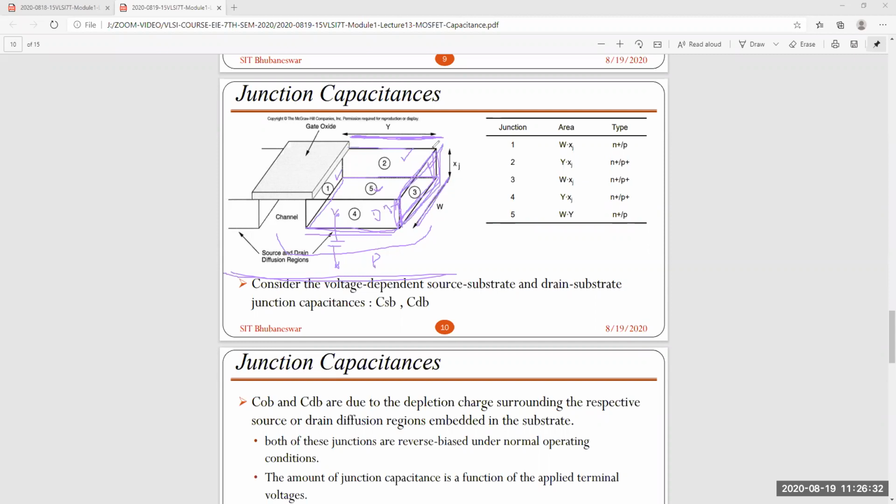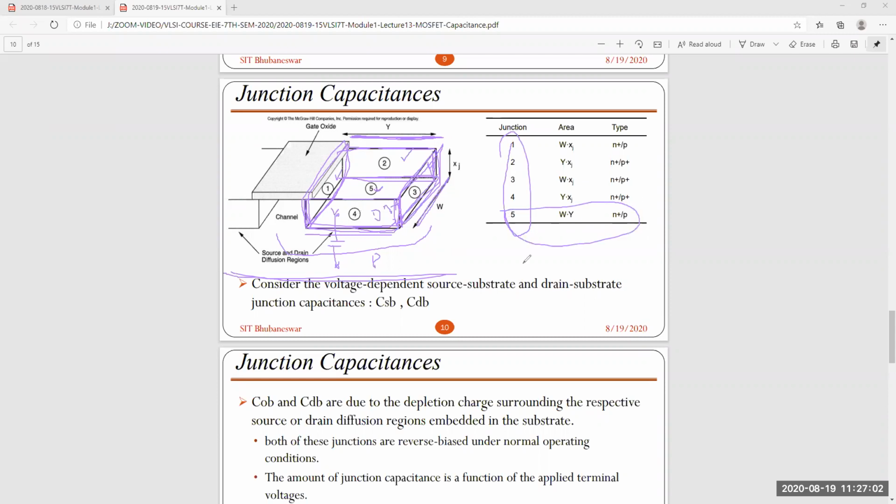For this 2, this is also Xj into Y. This is also Xj into Y. This is the area. And for this, this is also Xj into W. So you can see in the table 1, 2, 3, 4, 5. These are the capacitances you can get: 4 side walls and 1 bottom wall. Bottom wall is also 5.